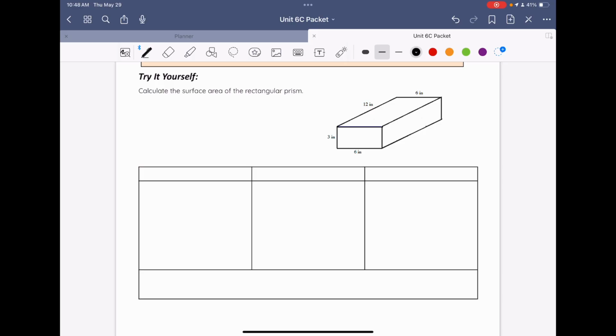Okay, so first I've got top and bottom. Left and right. And then front and back. It does not matter the order that you put these in or solve them in. This is just the order that I usually do.